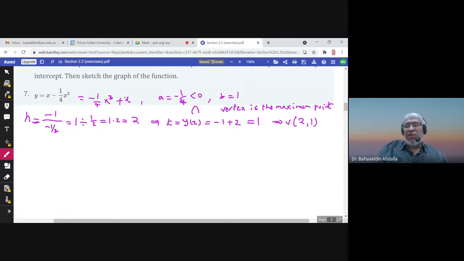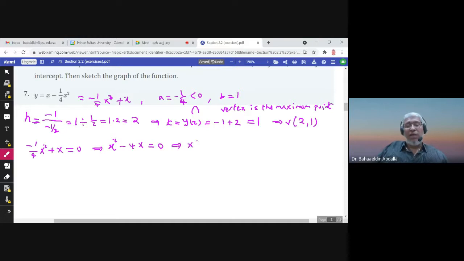Well, to find the zeros, we put y equals 0. So we have negative 1 over 4x squared plus x equals 0. I can multiply by negative 4. So I will have x squared minus 4x equals 0 times negative 4 is 0.